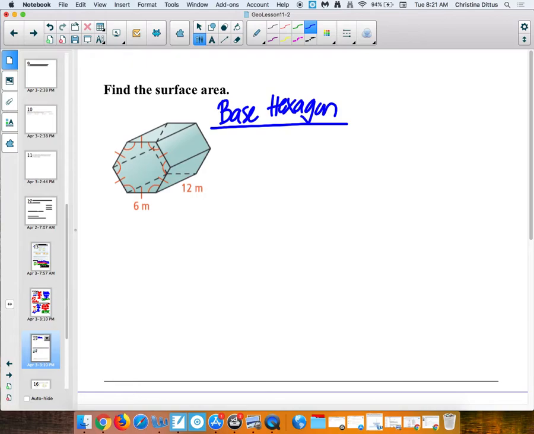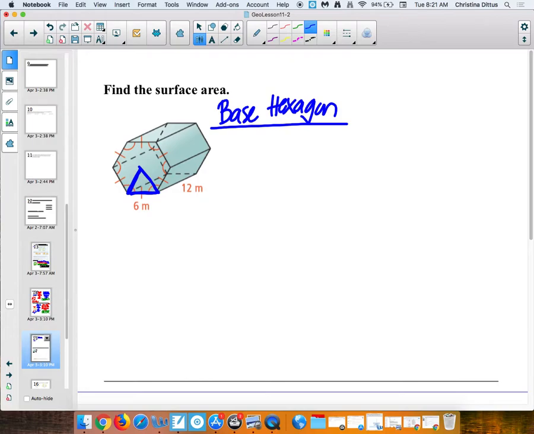We just got done with the chapter where we found the area of hexagons. Hexagons don't really have a formula, so we need to find how many triangles I have. We're going to find the area of each triangle.